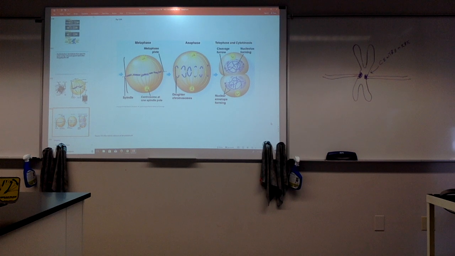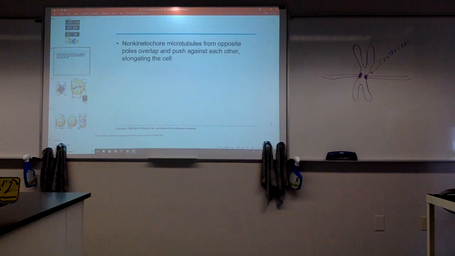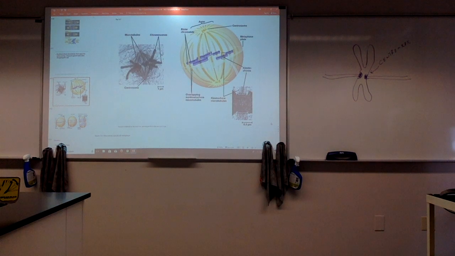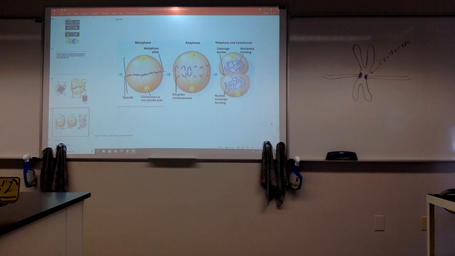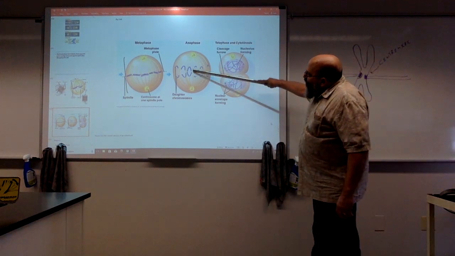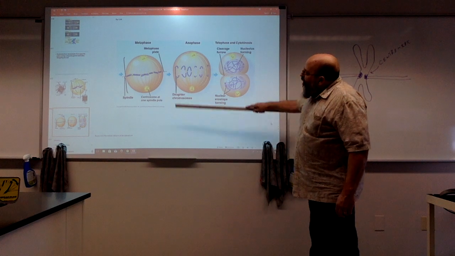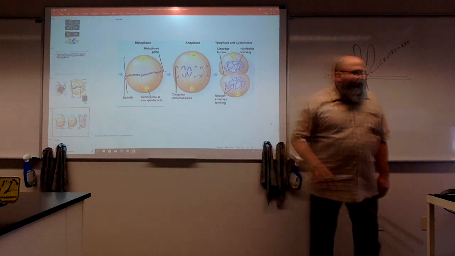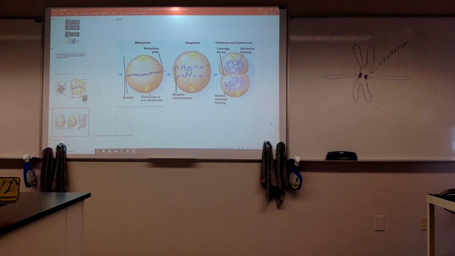Can you go back to that last slide with the definition of the non-kinetochore? Non-kinetochore microtubules from opposite poles overlap and push against each other, elongating the cell. That one? And here they are, pushing against each other, elongating the cell. So all of those things happen during anaphase.